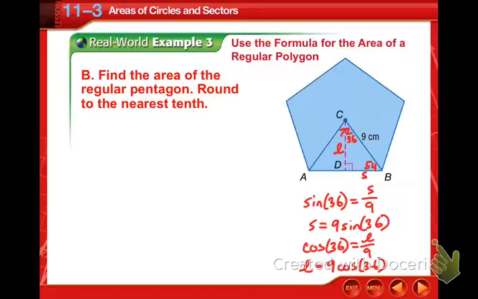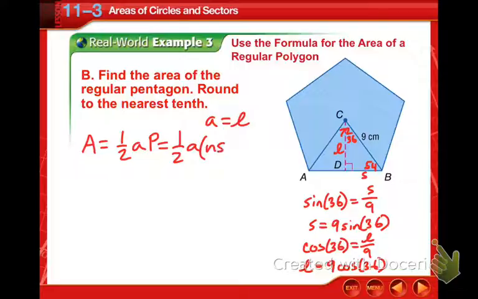No rounding early. So our area is equal to 1/2 our apothem, which we know now is L. So our apothem here is L. And we need to multiply that times our perimeter, 1/2 apothem times NS. In this case, N is 5.